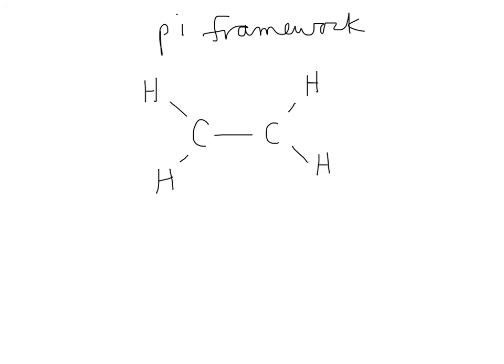Next thing you want to do is work out the orbital diagram for carbon, and we know that carbon has 4 electrons in the valence shell, 2s2 and 2p2. So the energy diagram is going to be 2s, 2p for the unhybridized carbon.